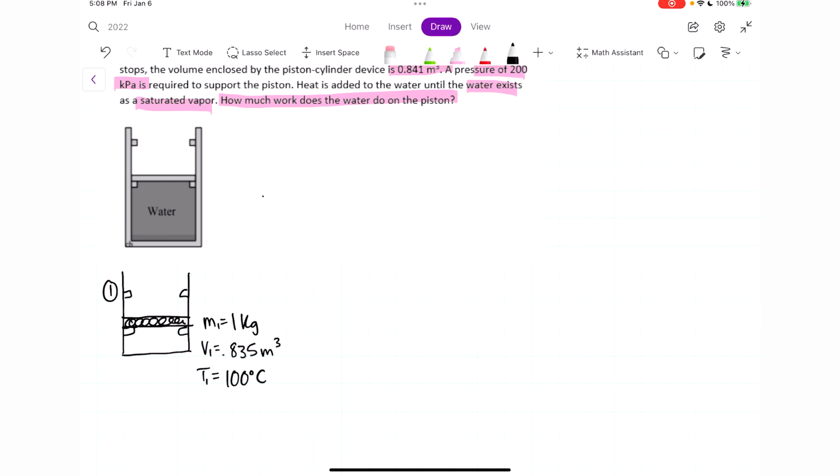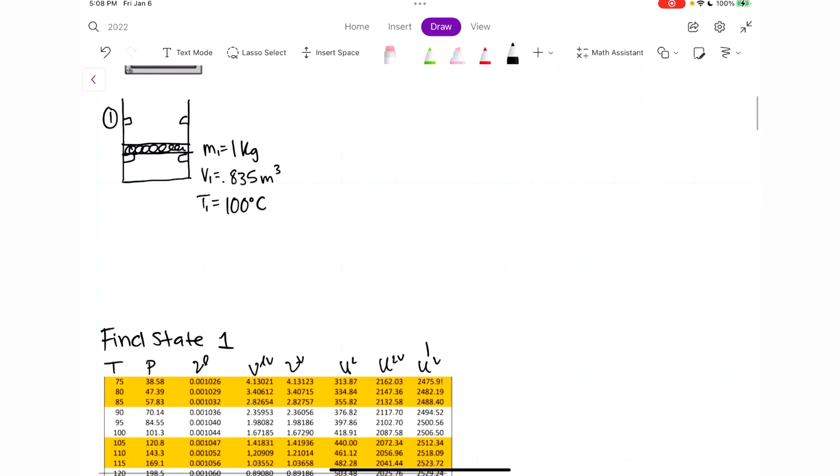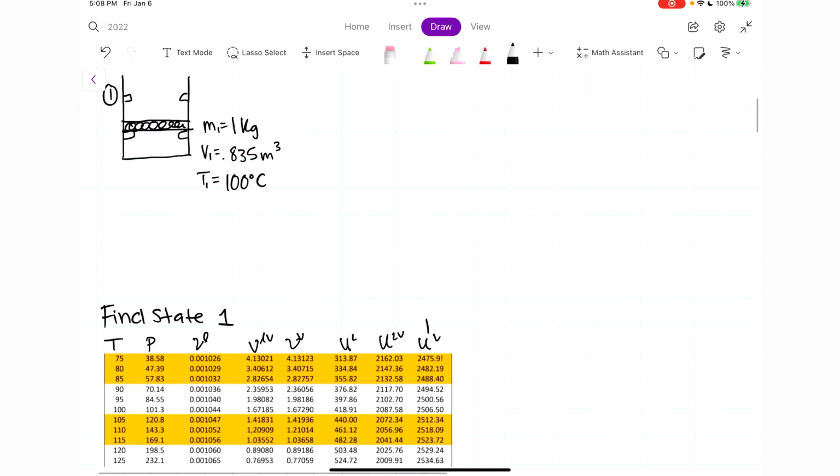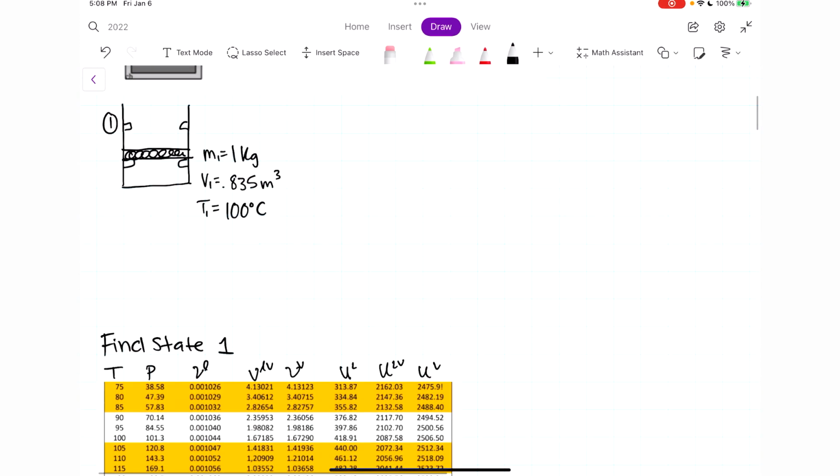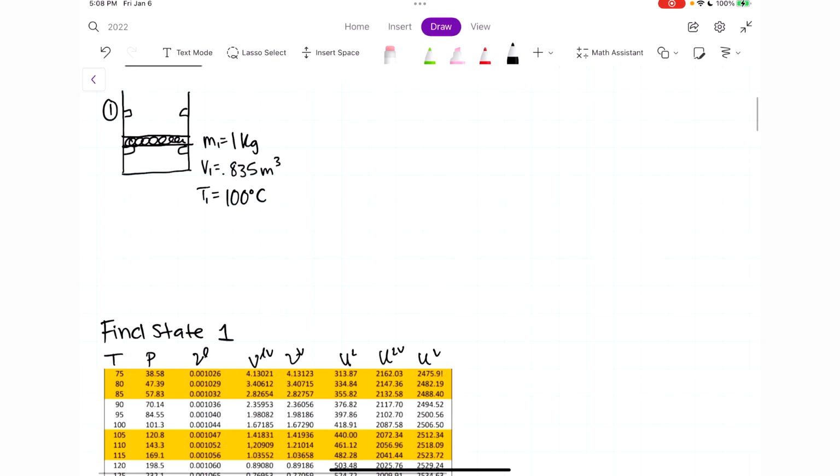In order to figure out the state of our water, we usually need two different properties that we can find in our steam tables or saturated water tables, because since we have water, we're able to do that, and we have those tables in the back of our textbook.